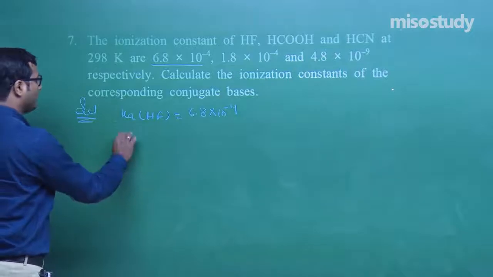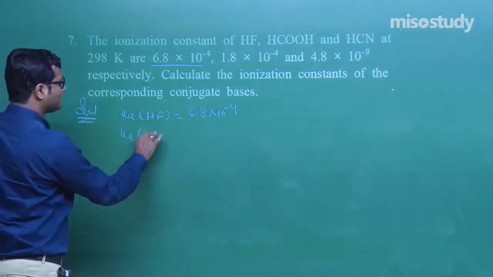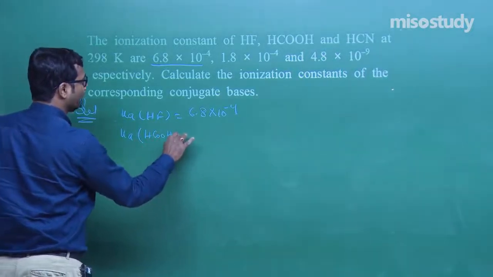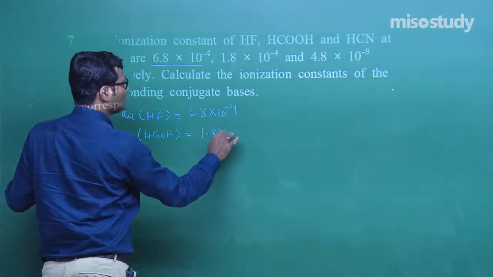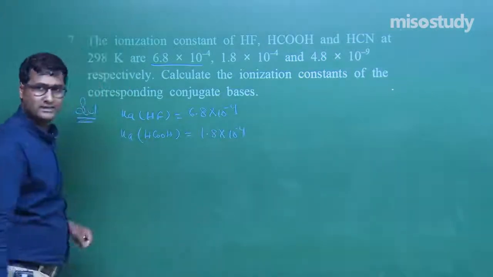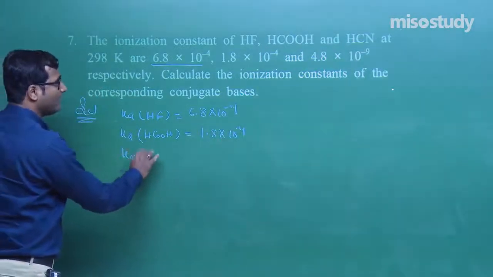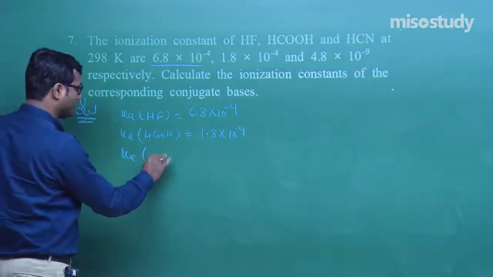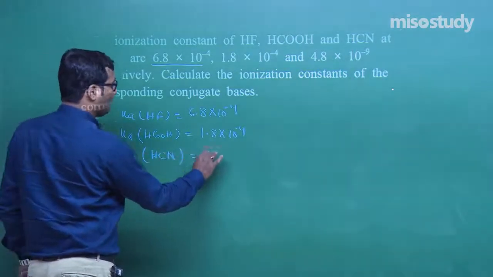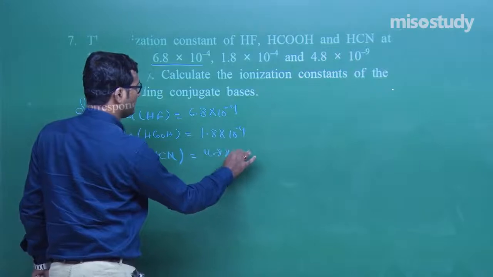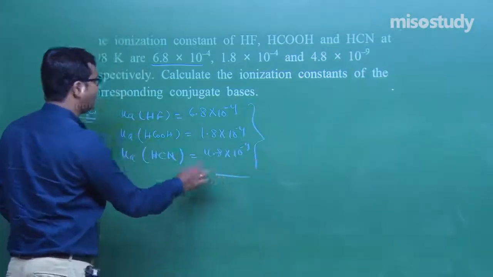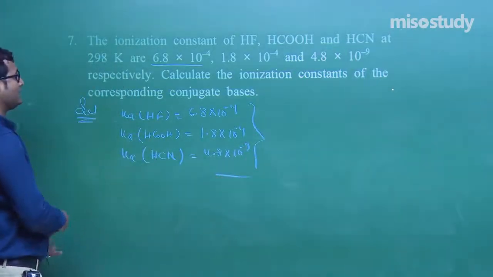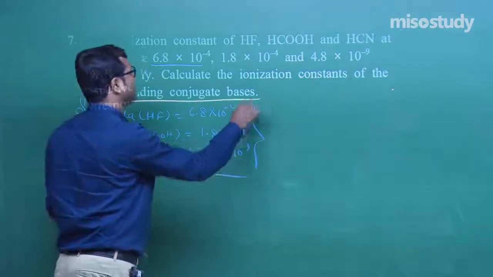Ka for HCOOH is 1.8 into 10 to the power minus 4. And Ka for HCN is 4.8 into 10 to the power minus 9. Calculate the ionization constant of the corresponding conjugate base.